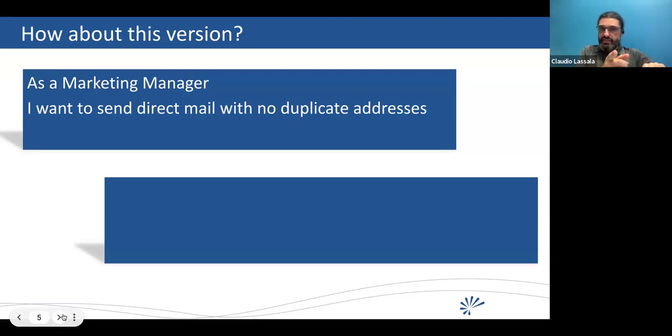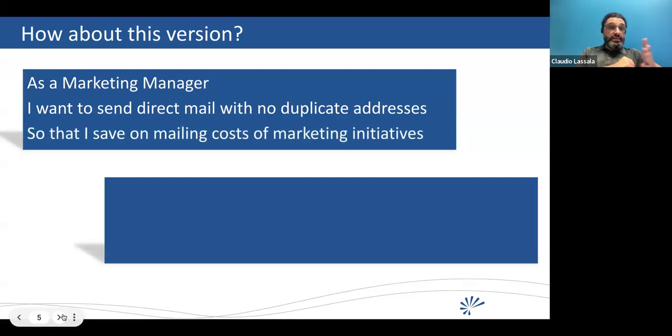Direct mail: we don't want to send direct mail to duplicate addresses so that I save on mailing costs of marketing initiatives. That speaks to the business more than database tables and so on. Because depending on the situation, maybe you're going to send mail to a duplicate address because the mail is targeting two different people who live at the same address.